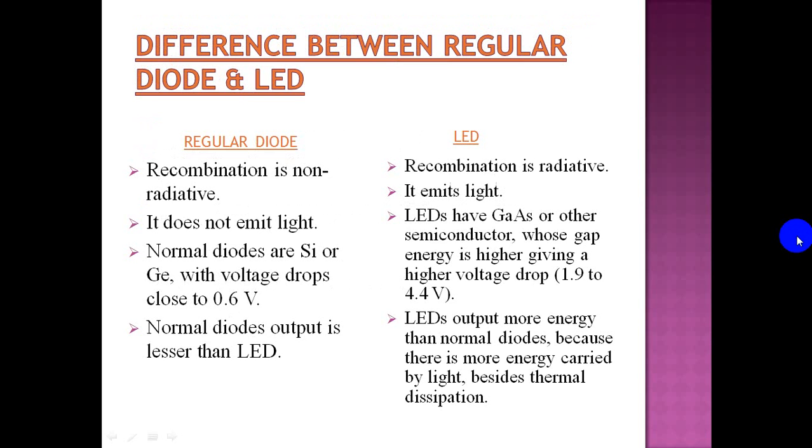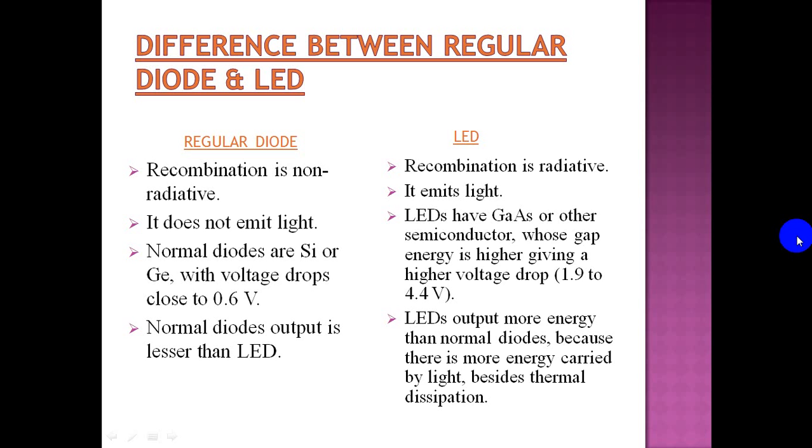Now let us see the difference between regular diode and LED. In regular diode, recombination is non-radiative, whereas in LED, recombination is radiative. Regular diode does not emit light, whereas LED emits light. Normal diodes are silicon or germanium with voltage drops close to 0.6 volt.